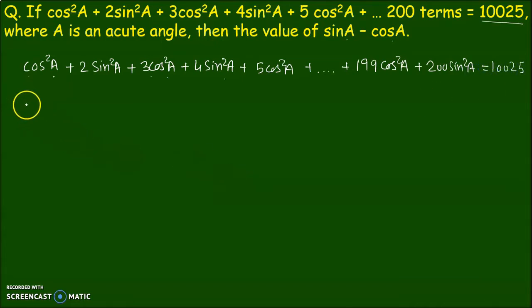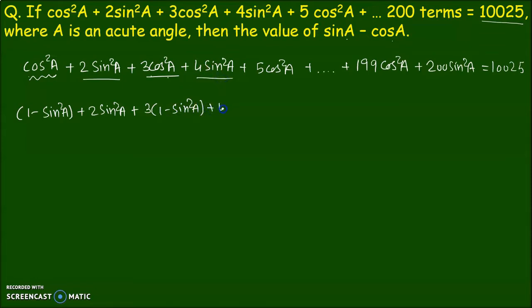Now here, either you can change sin square A into cos square A, or you can change cos square A into sin square A. Here we change cos square A into sin square A, so cos square A will be equal to 1 minus sin square A. The 2 sin square A we keep as it is. The 3 cos square A becomes 3 into 1 minus sin square A. The fourth term 4 sin square A stays as it is.